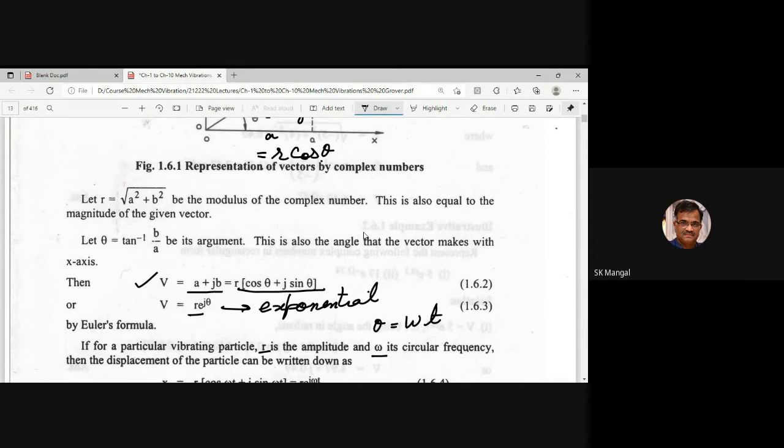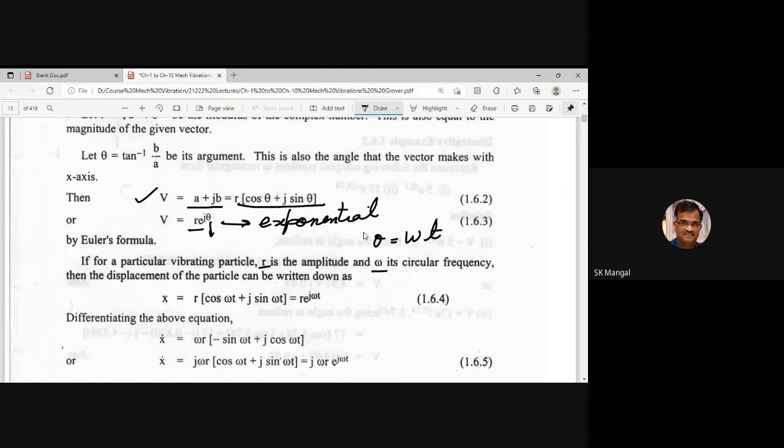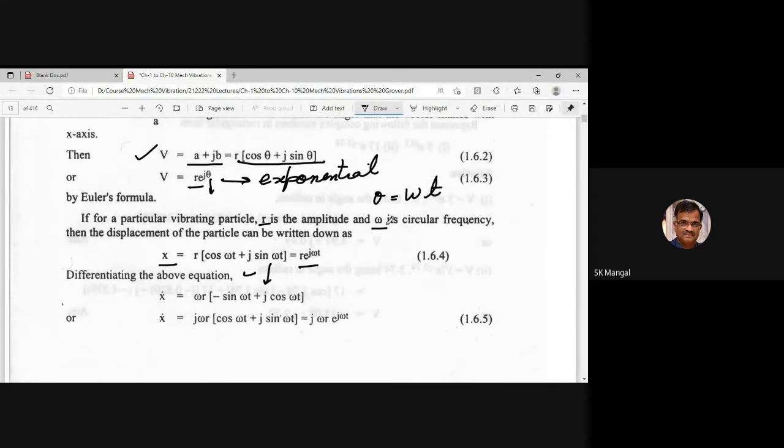So I can write theta is equal to omega t here, and you are getting our required SHM notation in exponential form. You can differentiate this equation with respect to t, and you will get this equation here. When you multiply this equation by j once more, you can take j out here and it becomes like this.